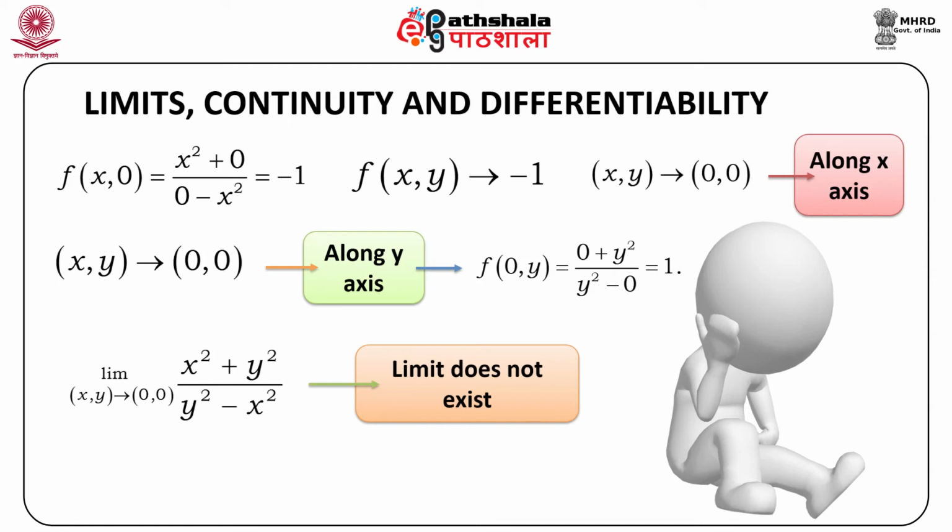Since the limits along the x and y axis are different, the limit of (x² + y²)/(y² - x²) as (x,y) tends to (0,0) does not exist.